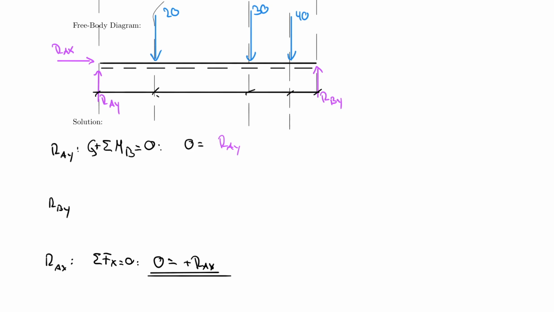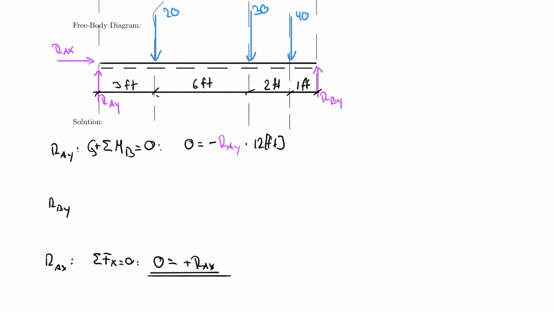So we have 3 feet here, 6 feet here, 2 feet, and 1 foot. And now I can use those dimensions to calculate my lever arms. So the entire structure is 12 feet long, if I'm not mistaken. Therefore, my RAY has a 12-foot lever arm. And now the question is, does RAY turn clockwise or counterclockwise about this point? It turns clockwise. Therefore, it's negative.